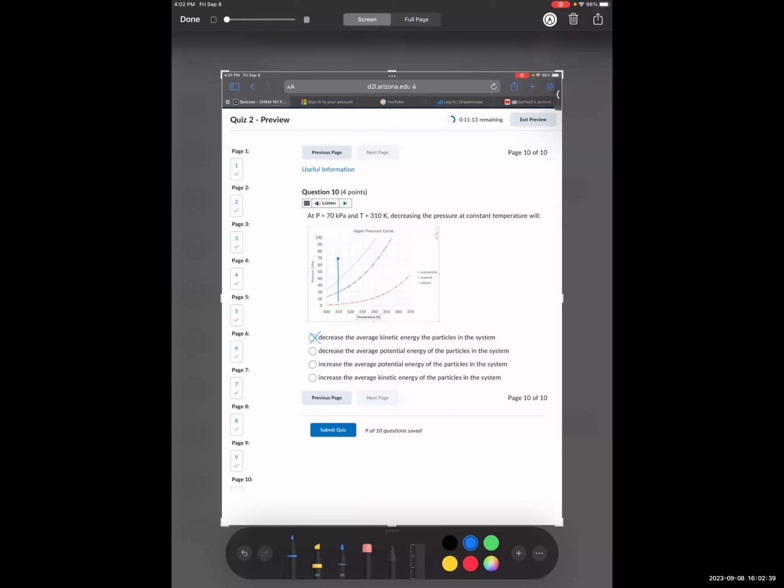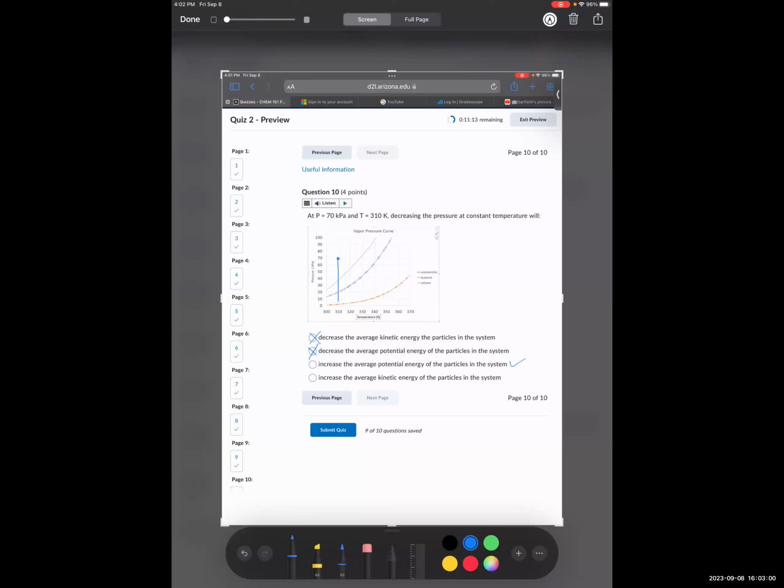If you cross the boundary and go down, the liquid becomes a gas, meaning you are increasing the potential energy. Decrease the average potential energy is incorrect. Increase the average potential energy of the particles is correct.